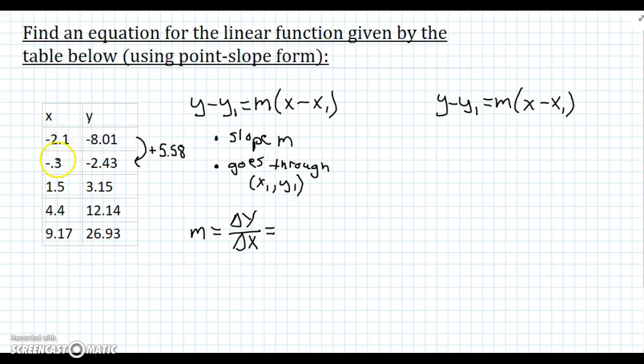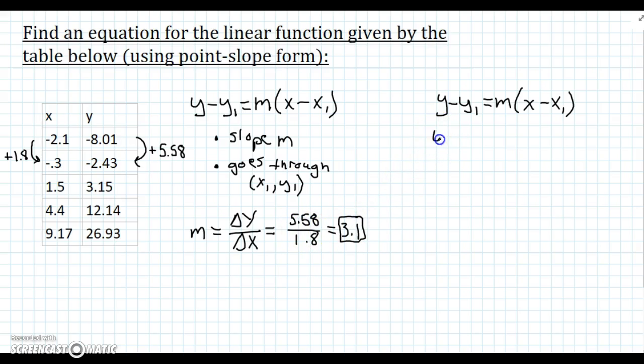And the x between the two points increases by 1.8 units. So when we do our change in y over change in x, divide those and you're going to get 3.1. That is our slope.